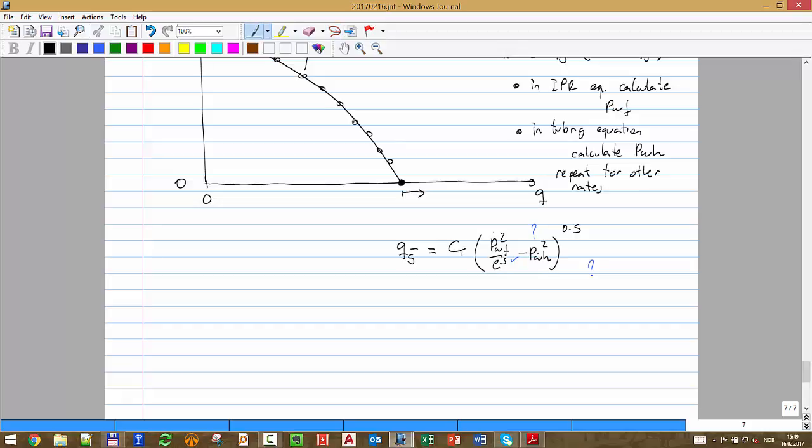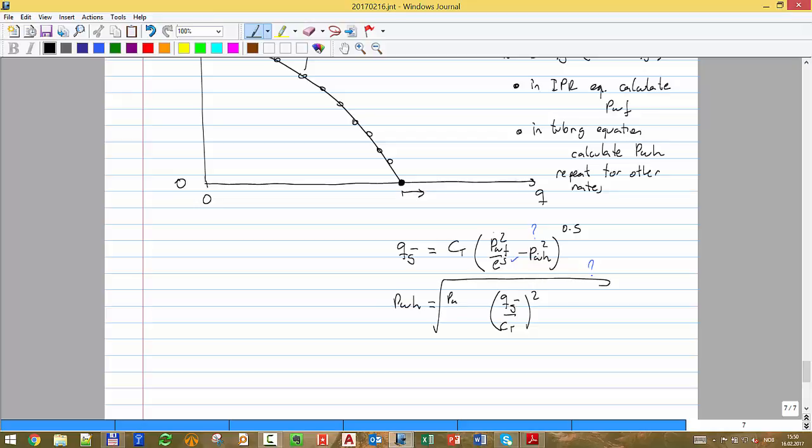So it's QG over CT squared, and then I'm clearing PWH, right, equal to the square root of PWF squared over e to the s minus that, right? So when I try a rate bigger than that, that means that term starts to be higher than that term, and then it will be just undefined.